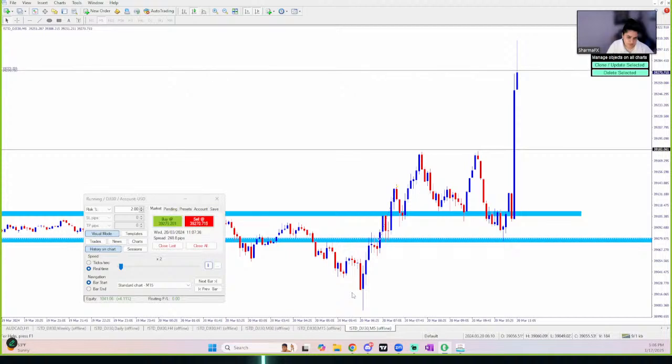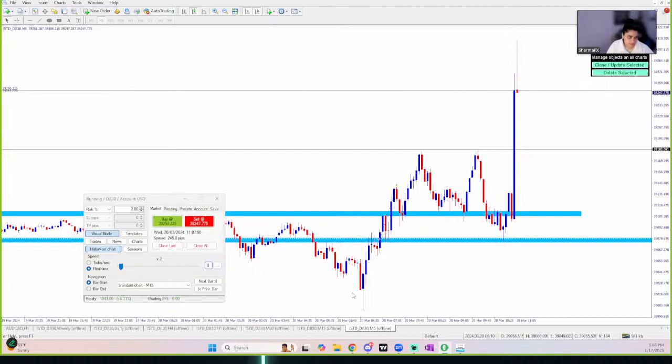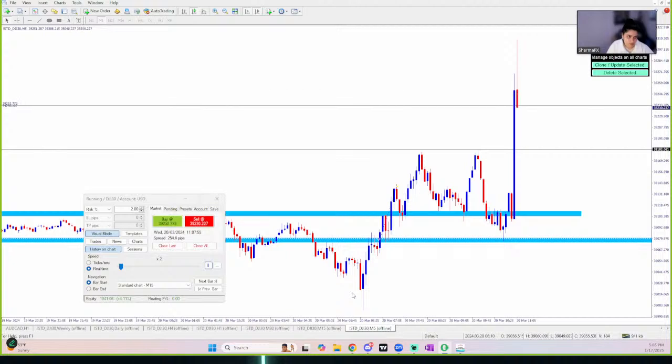We have 3 minutes or so until we get the 11:10 close. So we got a massive push. We're starting to pull back a little bit.